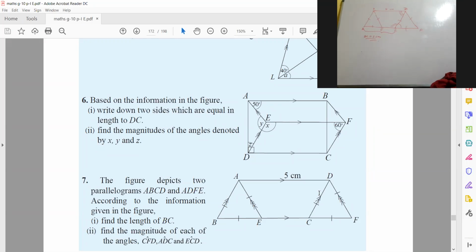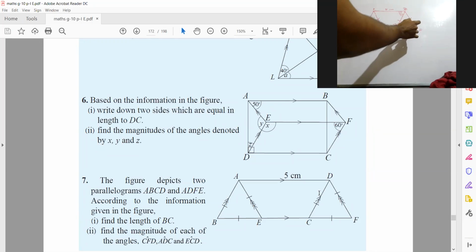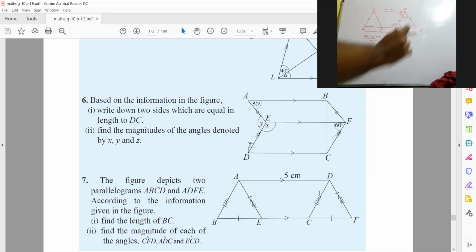All three sides are equal to each other. That means this triangle is an equilateral triangle, right? What is the size of an angle here? It's 60 degrees, right? One angle is equal to 60 degrees. This angle is also 60 degrees, and this angle is also 60 degrees, right? Because CDF is an equilateral triangle. Therefore, you can write that triangle CDF is equilateral.